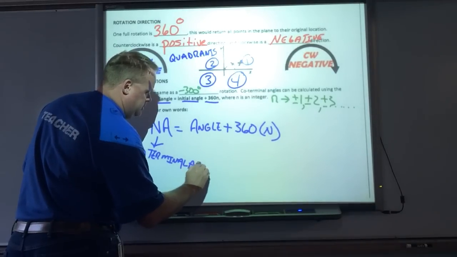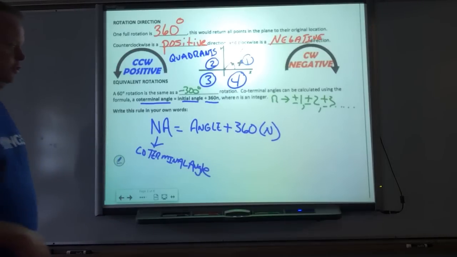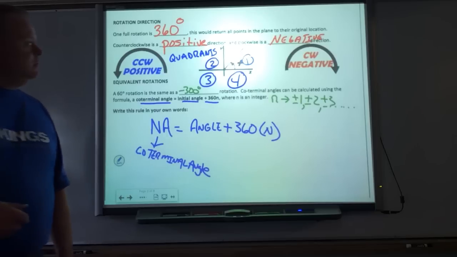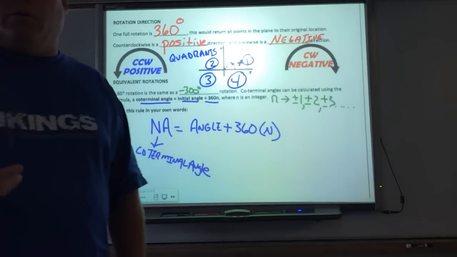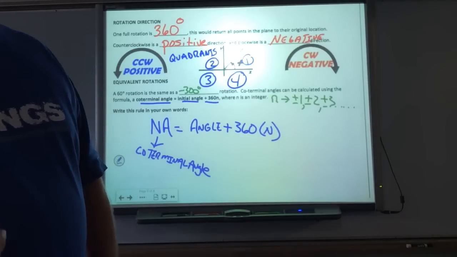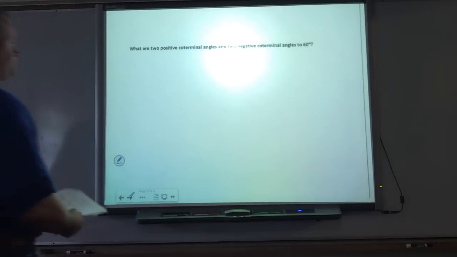That's what I mean by new angle: what I'm creating. Hopefully you got what I got. If not, go ahead and pause right now and make sure you have everything that I've written. As you take notes, remember, what I write, you write. All right, moving to the next page.